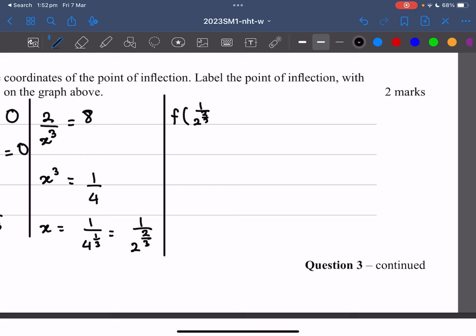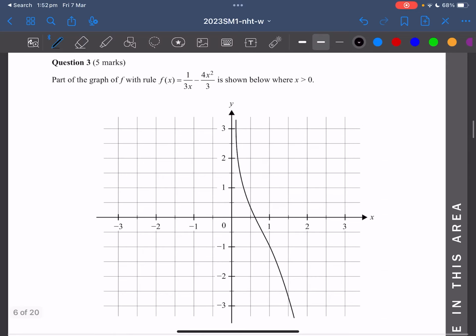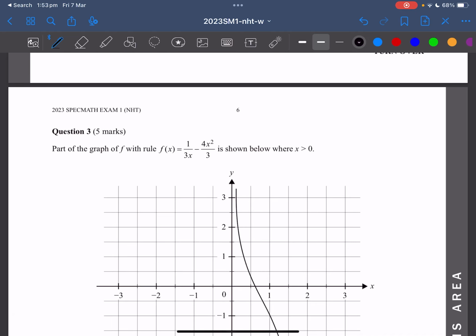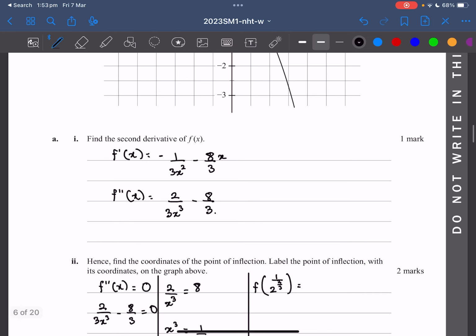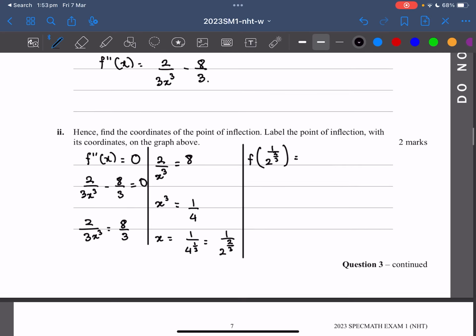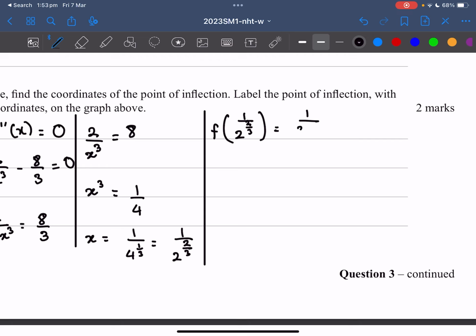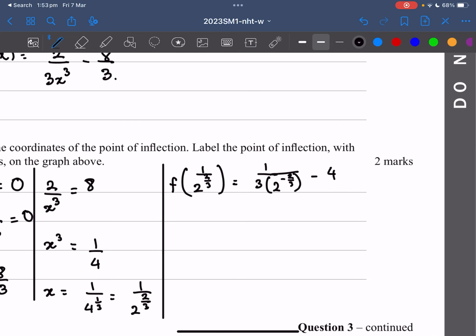So 1 on 2 to the power of 2 on 3. So we will have 1 on 3 times 2 to the power of minus 2 on 3, right? We can write that. And take away 4, what was it?